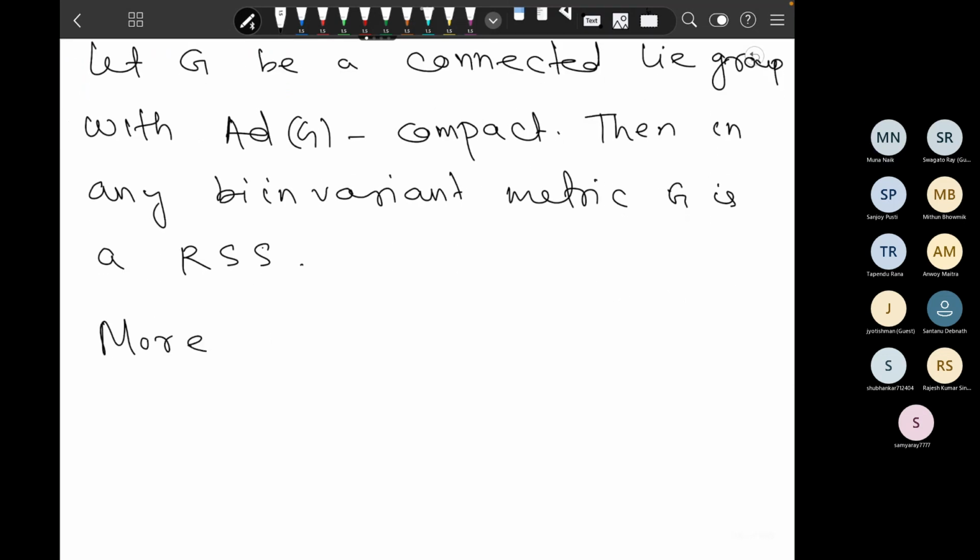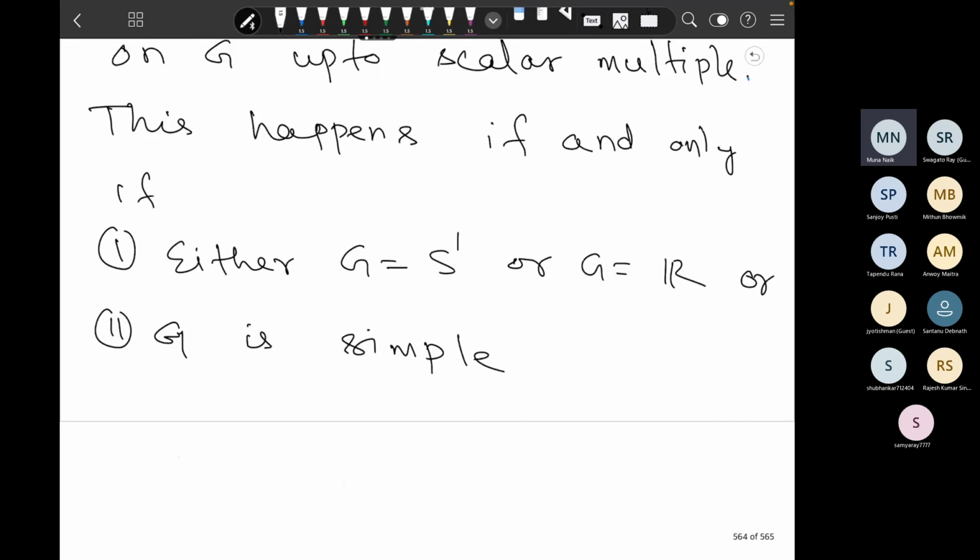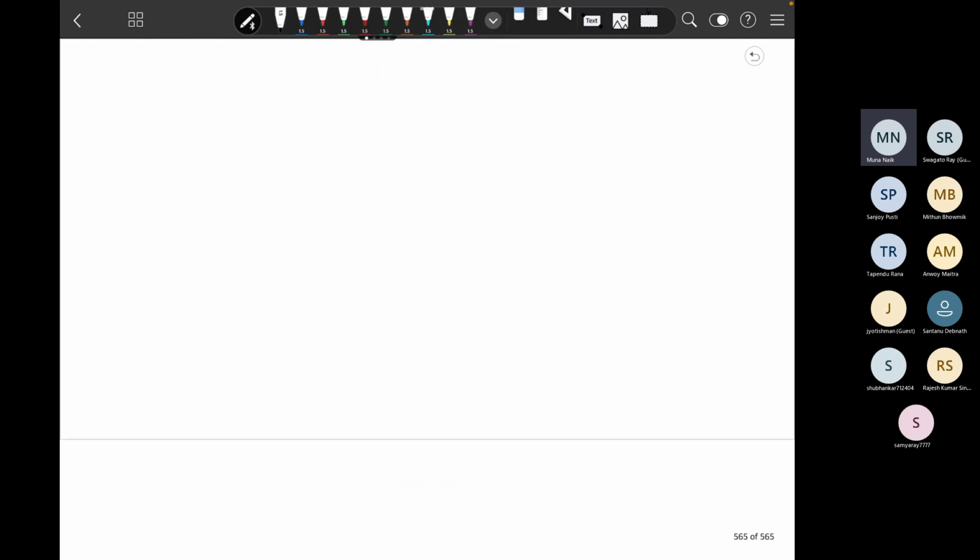Moreover, G equal to S1 and G equal to R are some simple cases, so I am leaving those things.